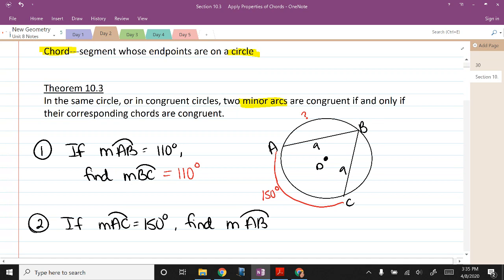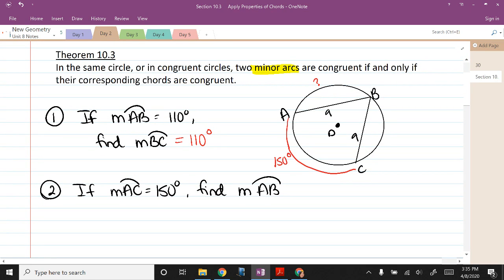So, let's first find the measure of the major arc. So 150 is a minor arc. So the major arc from A to B to C is going to be 360 minus 150. So 360 minus 150 is 210 degrees. So that would go from A to B to C.